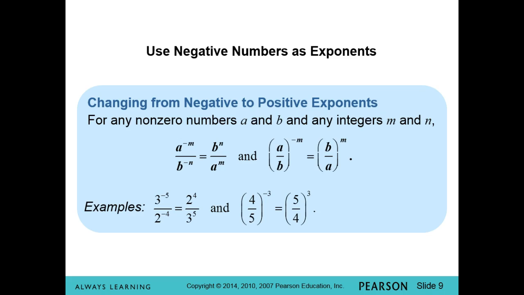So that becomes something over 3 to the minus 5, 3 to the 5th, right? And what does that negative exponent down there do? It moves it upstairs. So that's 2 to the 4th over 3 to the 5th. Now they didn't take that the next step and say what 2 to the 4th was and what 3 to the 5th was. Thank you very much for not doing that, but we could have done it, but we didn't.